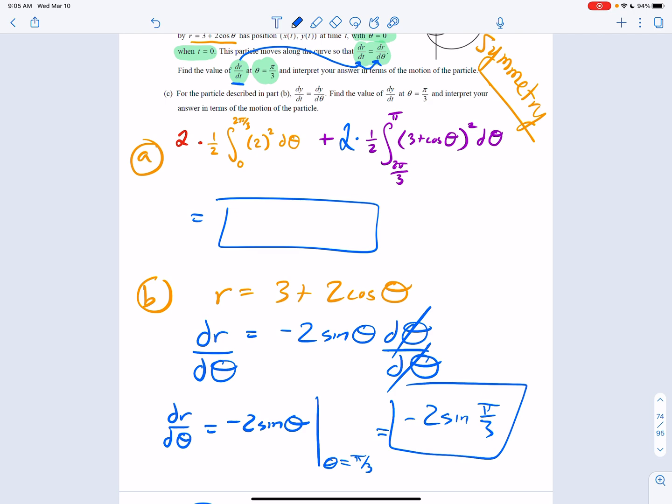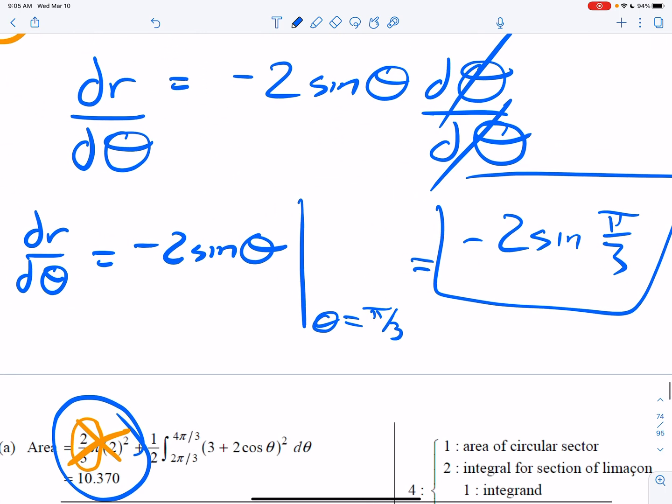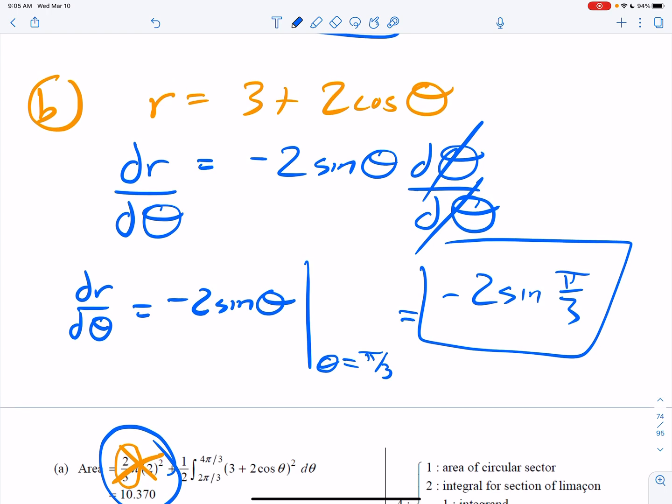But they do tell you to interpret your answer. So I guess knowing that we have to interpret, it's probably better if you crank it out in a calculator or understand that this comes out to something negative. Okay? And this is where we had to interpret back in delta math. dr/dθ, so dr is less than 0.